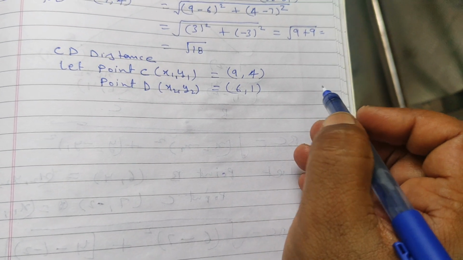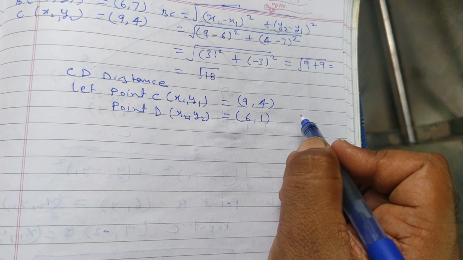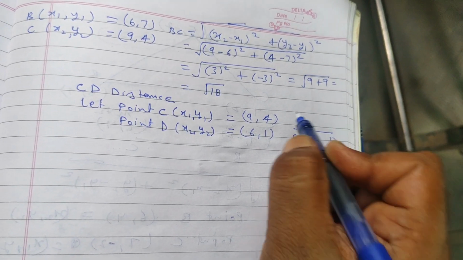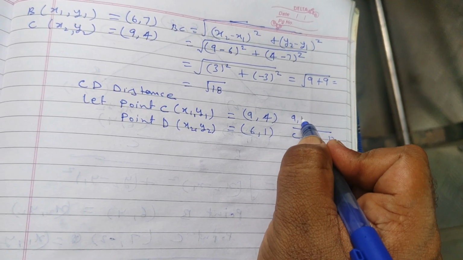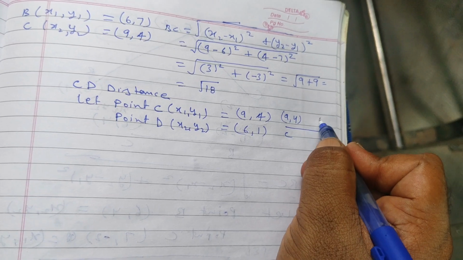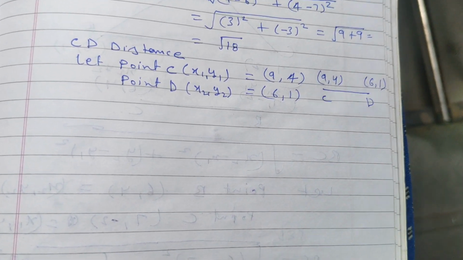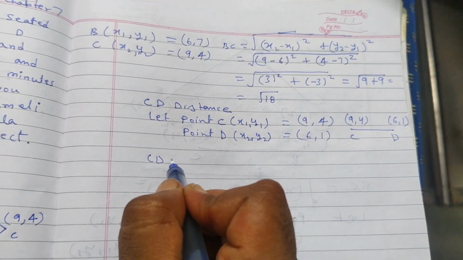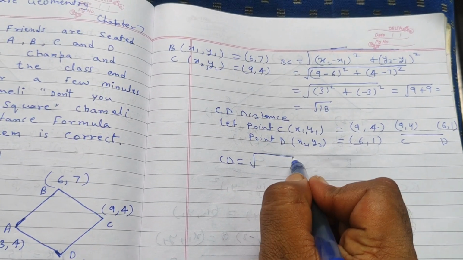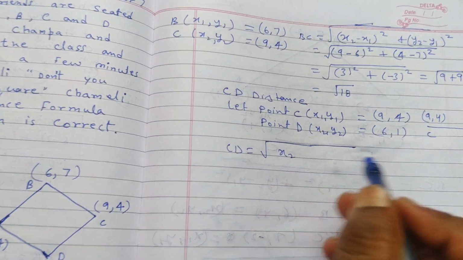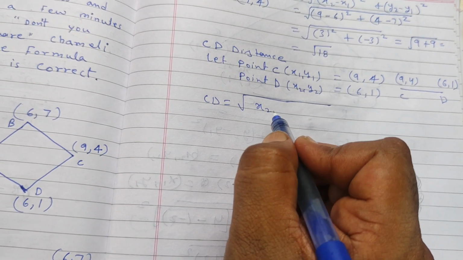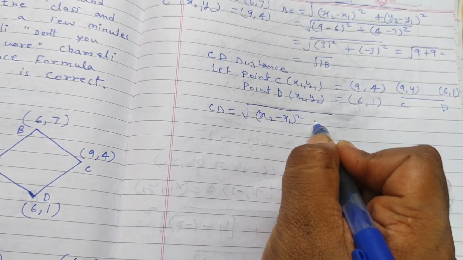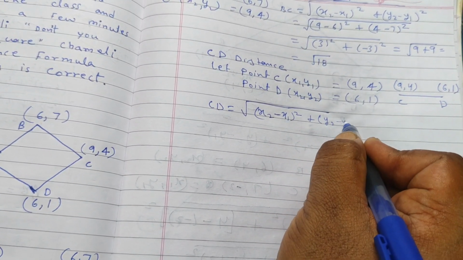So apply the distance formula here. C and D points (9, 4) and (6, 1). So applying the CD distance formula, (x2 minus x1) and (y2 minus y1).